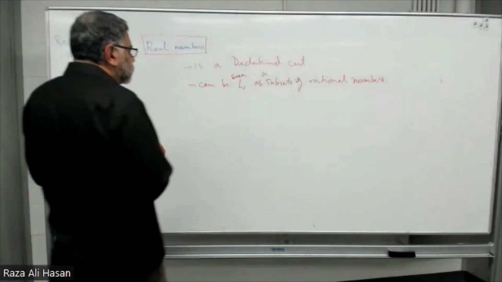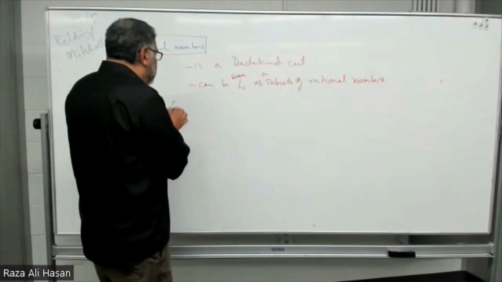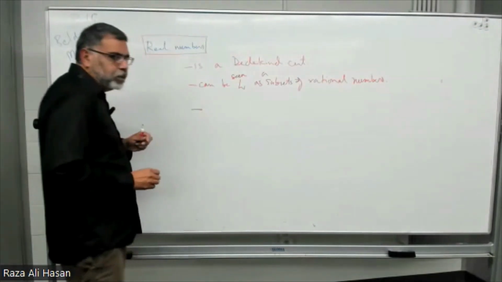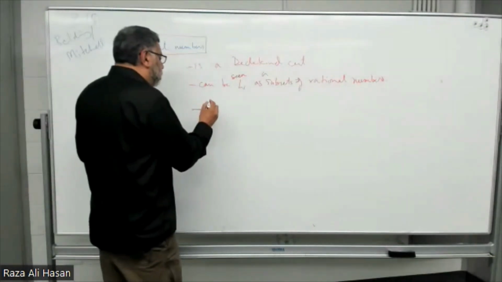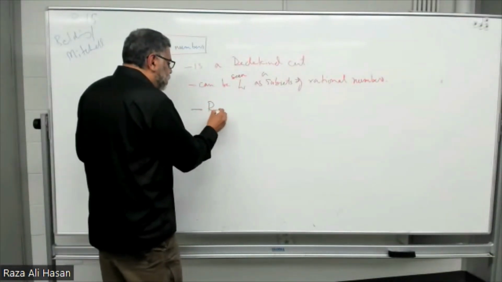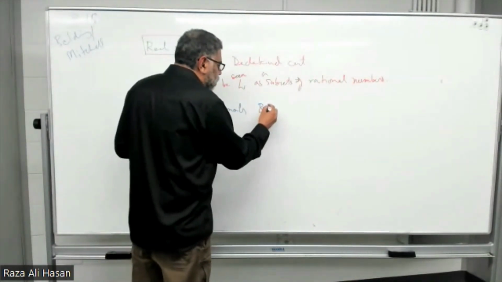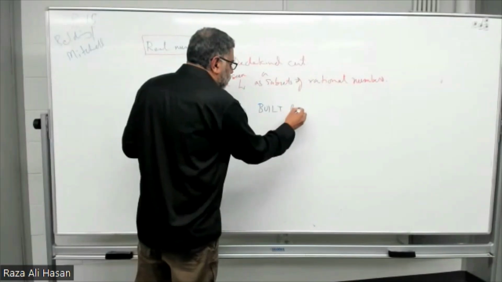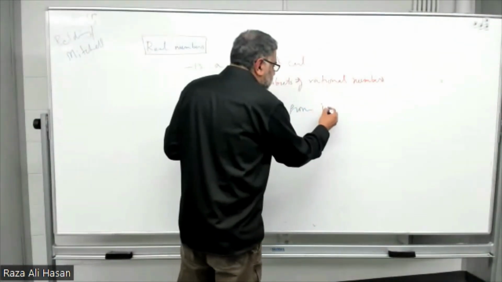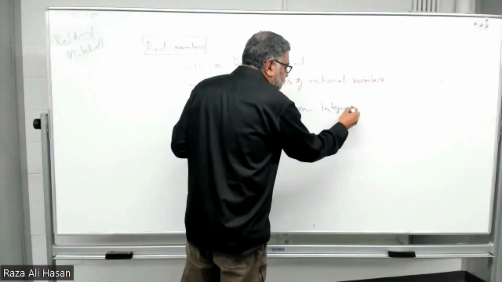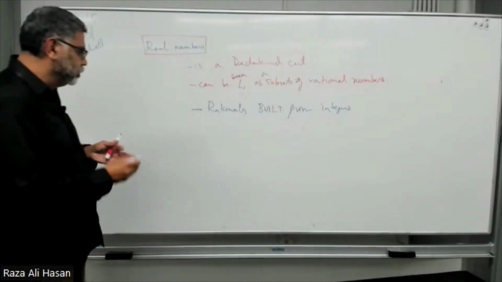So just like, if you remember, rationals were built from integers, right? M and N, right?